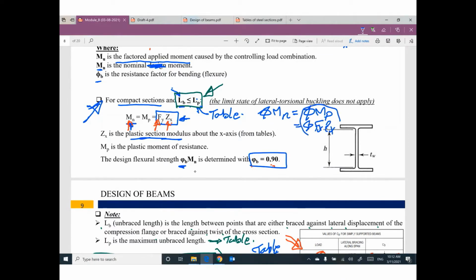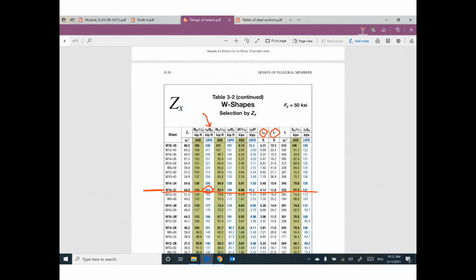We can get this value from the table. Which column? This column, phi M plastic. In this case, for W16 times 31, we have a value of 203.